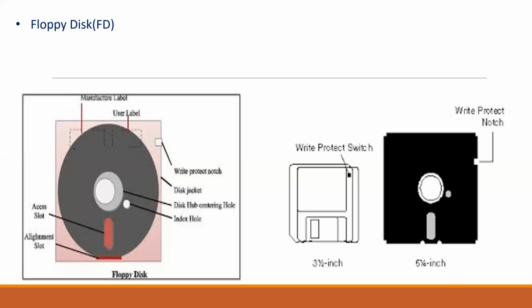When you insert this disc in the floppy drive, this plate moves circularly, and when it moves circularly, the data is accessed by the head of that drive from this area, which is called the access slot. In both 3.5 inch and 5.25 inch, there is an area to access the data from this slot.